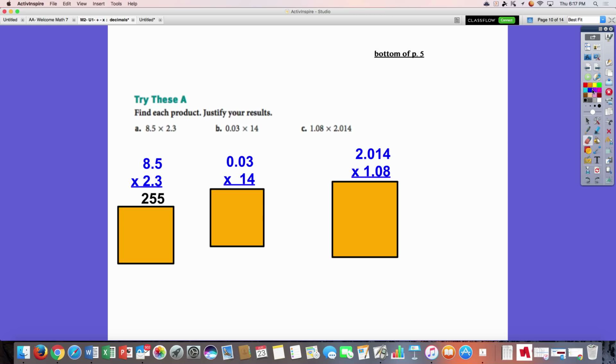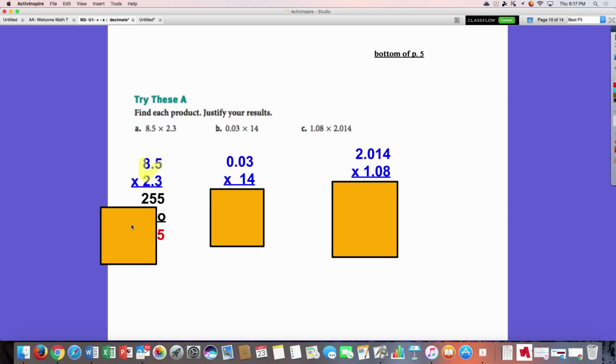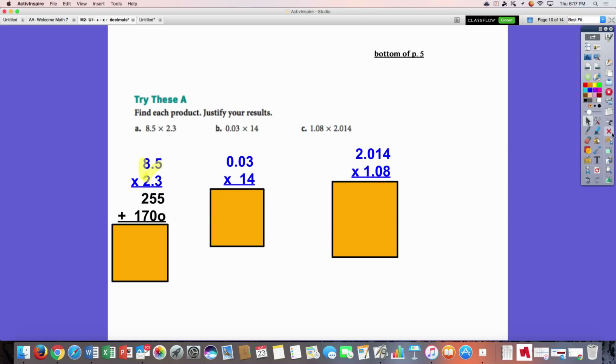Now I'm going to go the other way. I'm going to pretend this doesn't exist. I'm going to go 2 times 5 and then 2 times 8. I got my placeholder. 2 times 5 is 10. Put the 0 down, carry the 1. So I'm multiplying that times that, and then that times that. 2 times 8 is 16, plus 1 is 17.